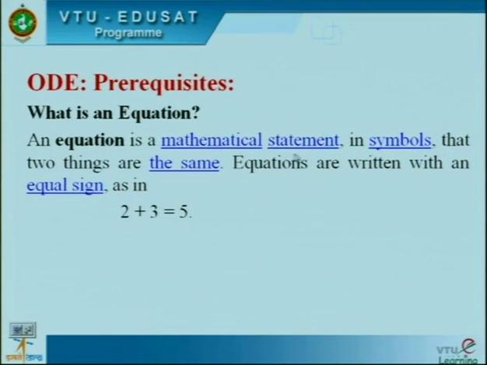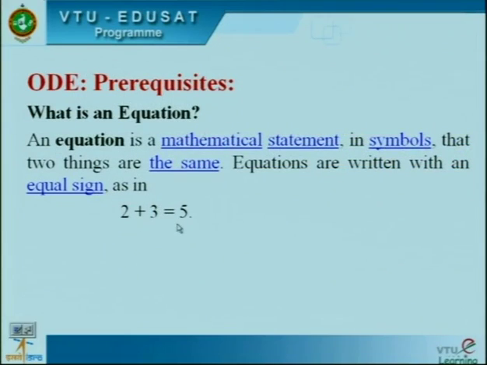An equation is a mathematical statement in symbols that two things are the same. Equations are written with an equal sign, as I have written 2 plus 3 is equal to 5. It means I want to equate the left hand side to the right hand side.